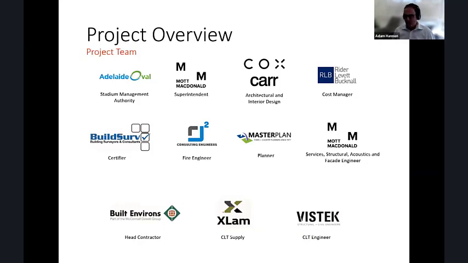So this was actually an innovation that was brought from a constructability perspective. There were advantages on program, there were some advantages around structure, acoustics, various other benefits, and there was a lot to like about this proposal. And when we started working with Built Environs and their team at the 60% stage, we really integrated that into our thinking through the design.